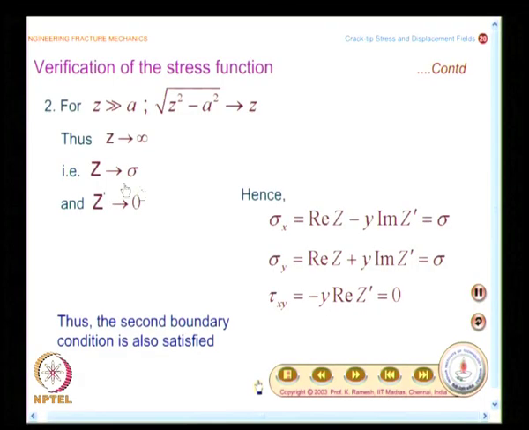See, as of now, how does the solution look? I am having capital Z, I am satisfying what happened at the crack faces, and I am satisfying what happens at infinity. So, that gives you a semblance that the solution you get at this stage is valid for the entire field.